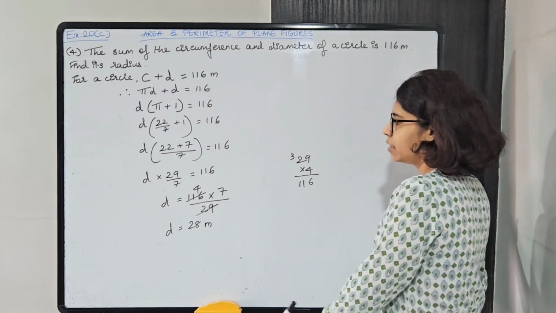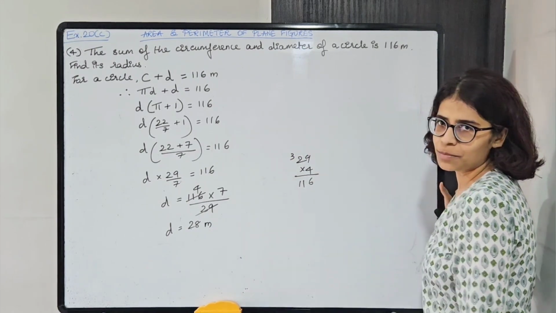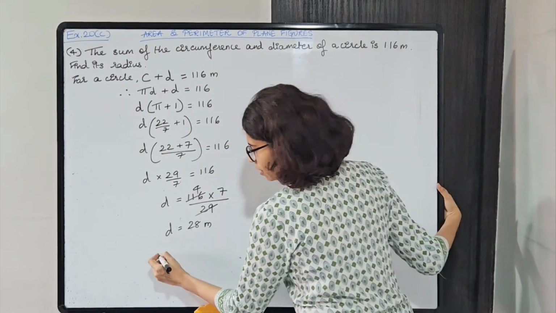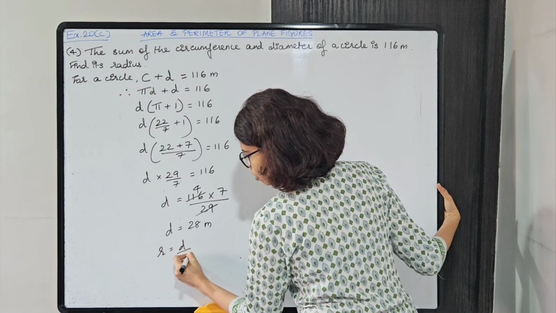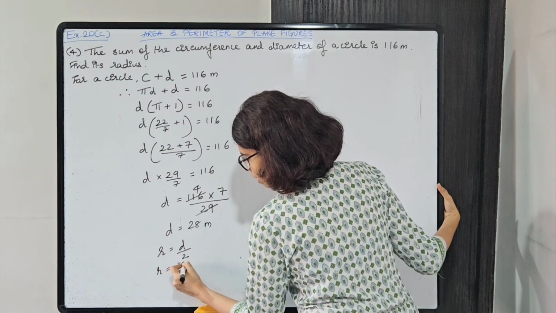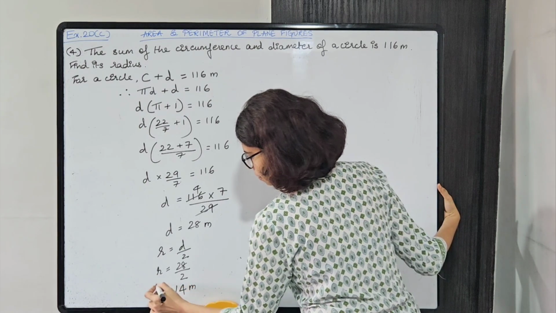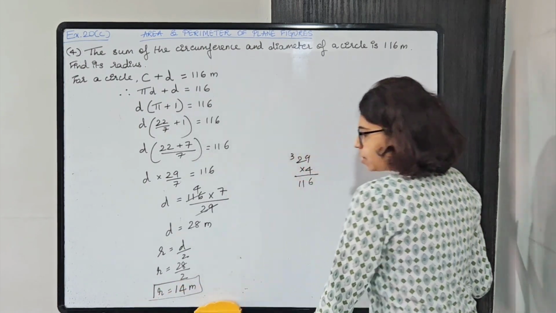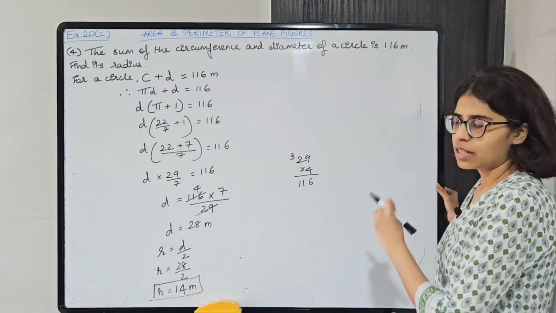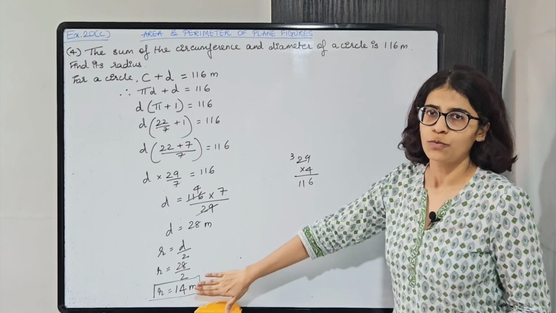So diameter 28 मिल रहा है. Radius find out करना है. Radius is d by 2, which is 28 by 2, which is going to be 14 meter. Box the answer. Write down the statement. The radius of the circle is 14 meter.